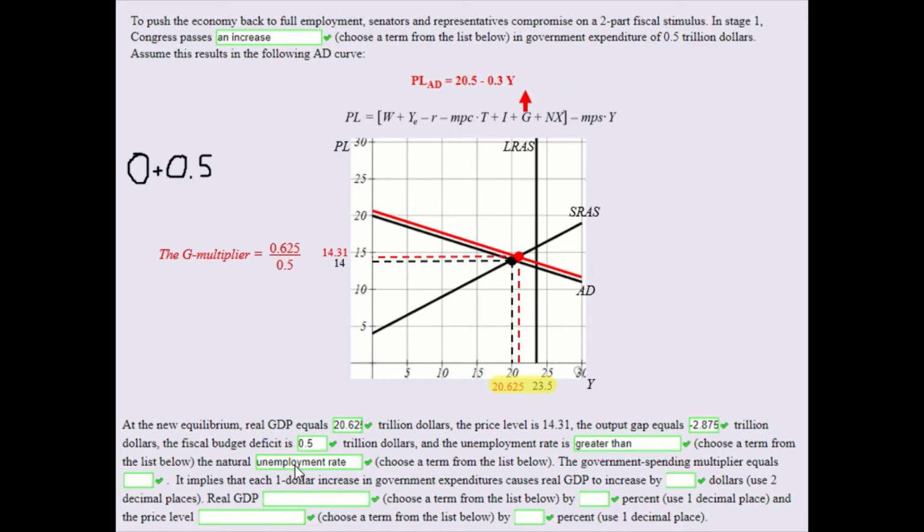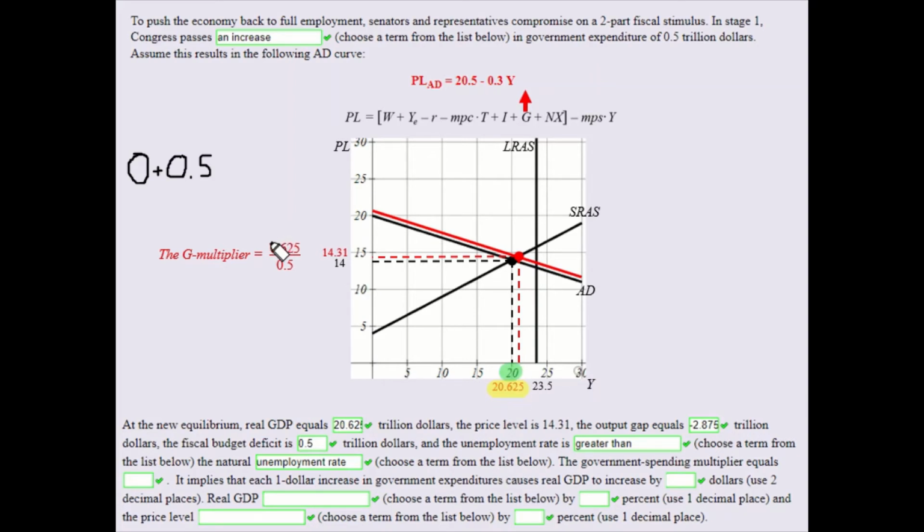The government spending multiplier is the increase in GDP. Now, the increase in GDP, this is what GDP is after the increase in government spending. And this is what GDP was initially, right?